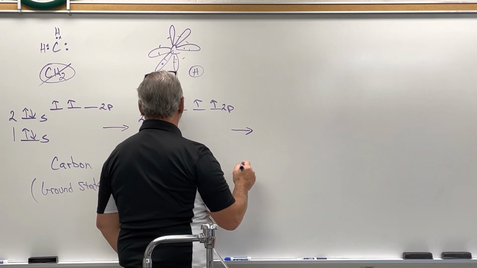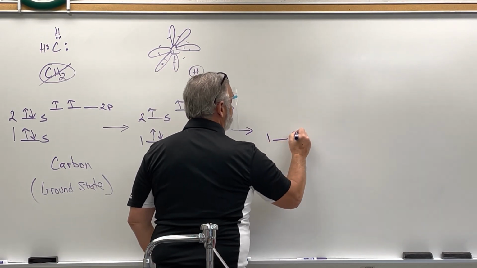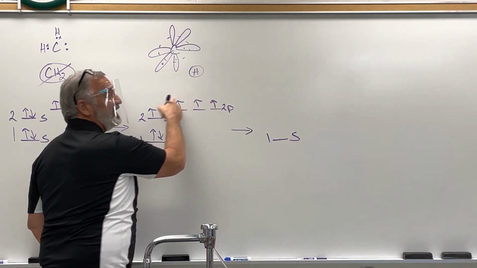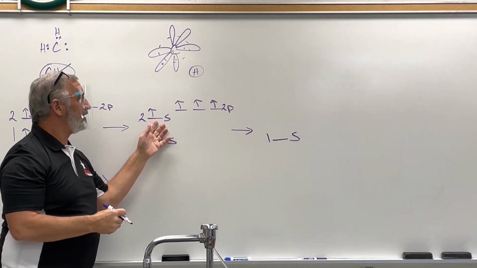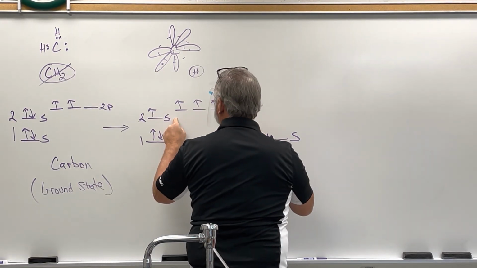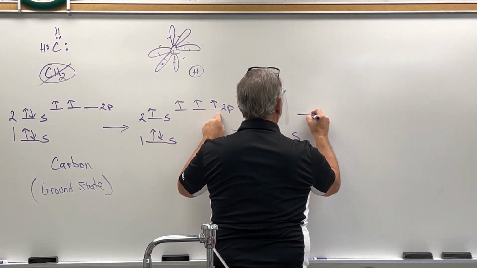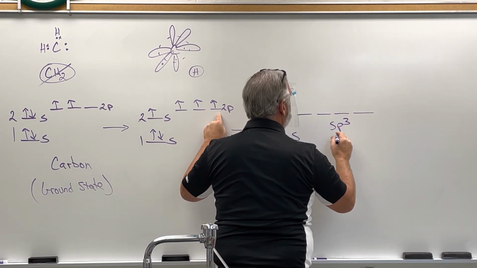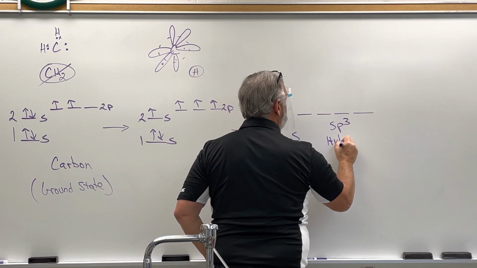What scientists have figured out is that the electrons all just rearrange, they hybridize, to where we no longer have an s and a p, we get 4 equivalent orbitals, and they're going to be more energetic than an s, less energetic than a p, and we're going to get 4 sp3 hybrid orbitals.